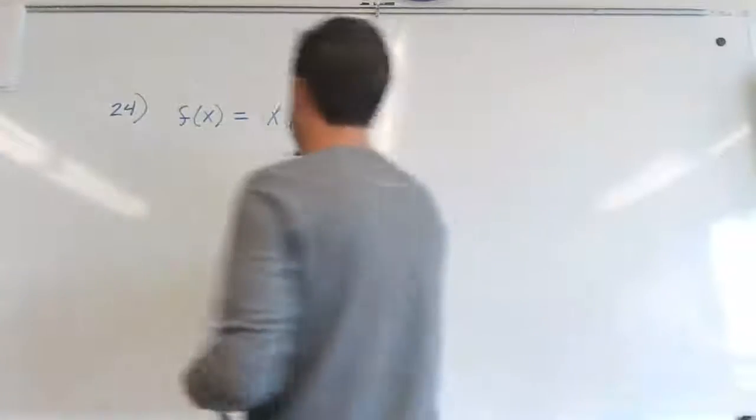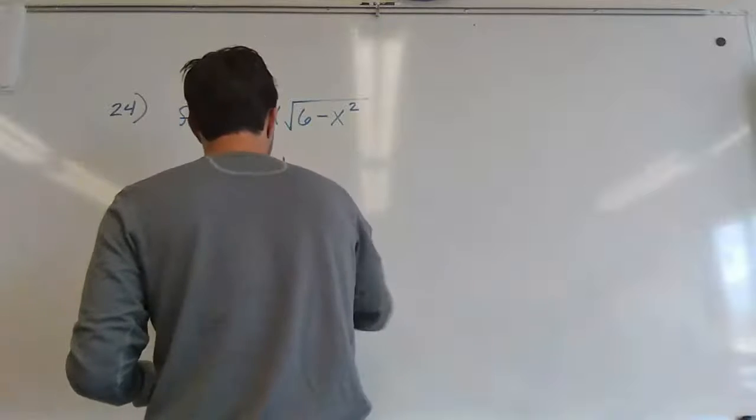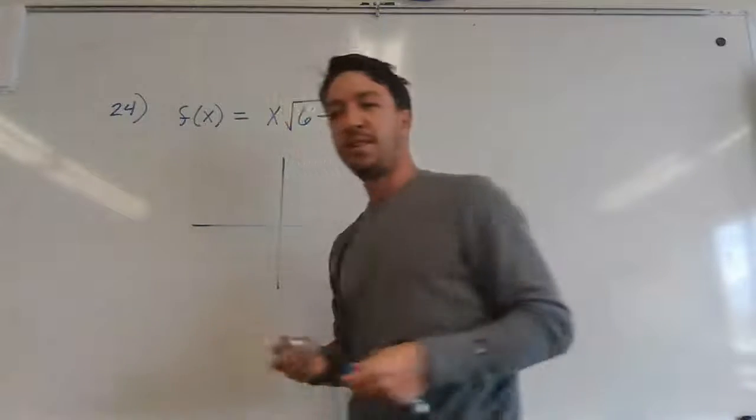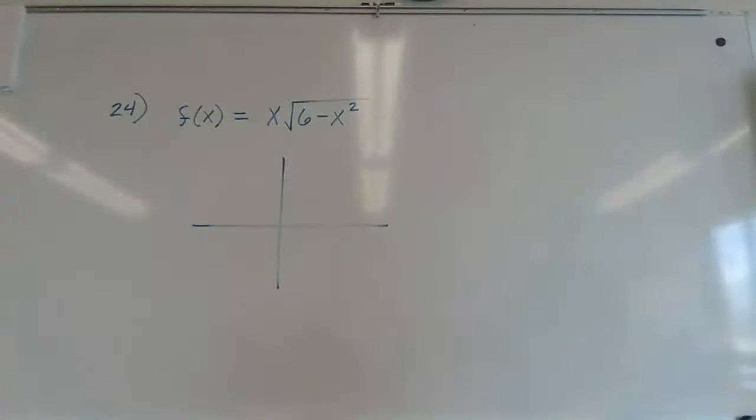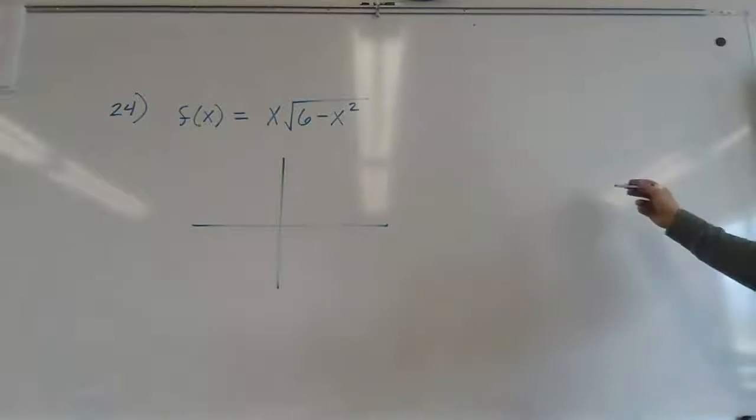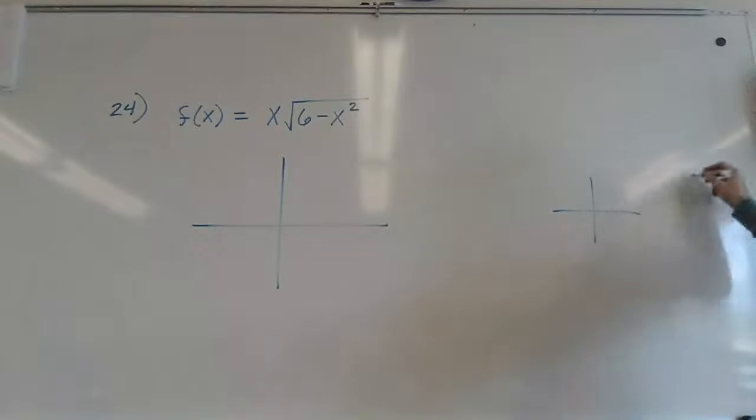So who has got a graph that they think is correct? Rafe and Jesse, anyone else? I've got a graph, I don't think it's correct. Okay, let me see. Okay, they're both pretty reasonable.